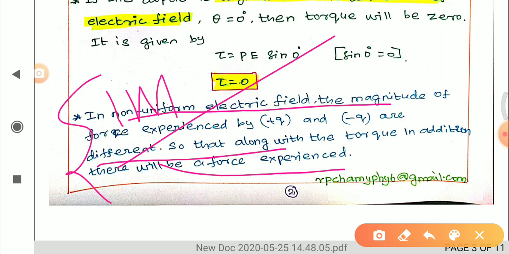If they ask such a question, we have to answer clearly. If you understand this concept clearly, definitely you can answer that question. Uniform electric field, only torque. Non-uniform electric field, both torque and force.